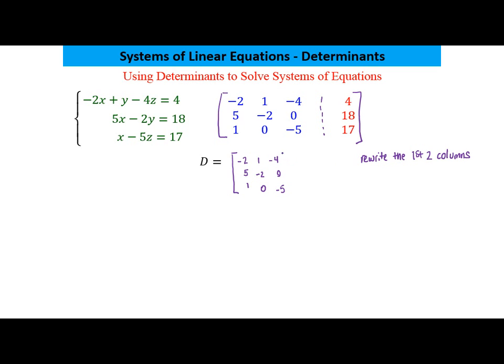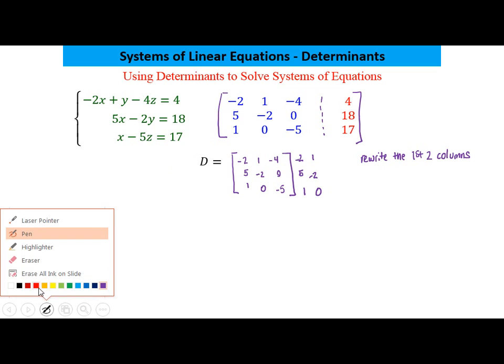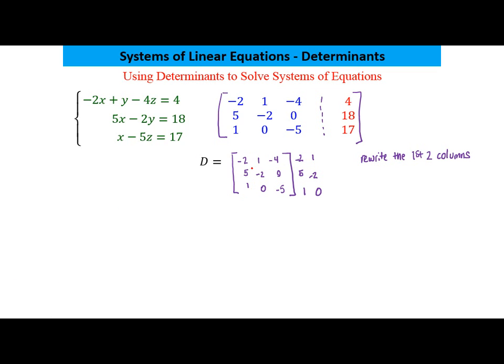So I guess I'll close the bracket here. Negative 2, 5, 1, 1, negative 2, 0. All right, if I wanted to find the determinant here, let me change colors. I want to multiply these numbers together.